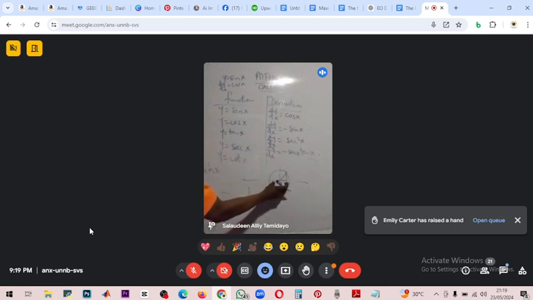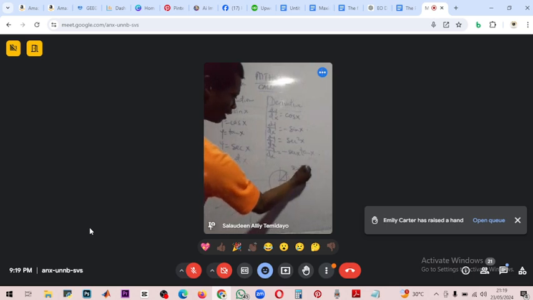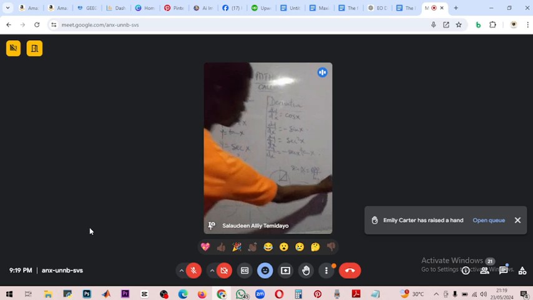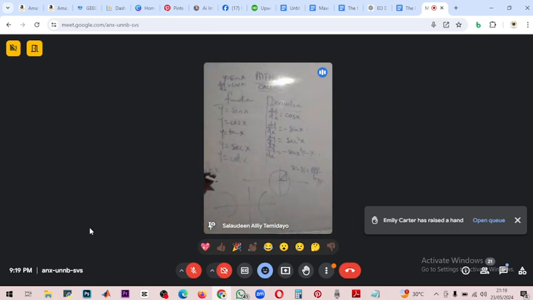This is circular sine x. Sine x is opposite over hypotenuse. But hyperbolic sine x is equal to e to the power of x minus e to the power of minus x, divided by 2, where e is the Euler constant.